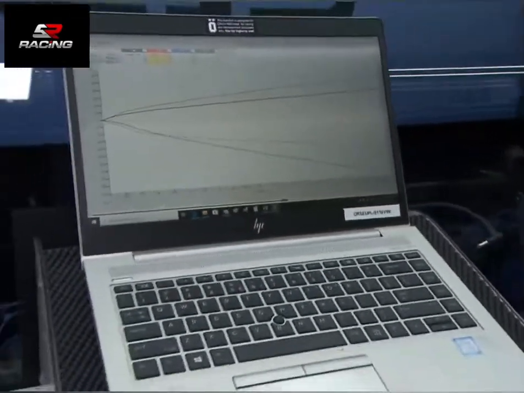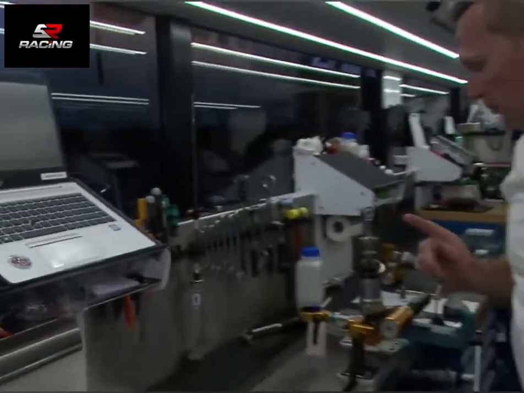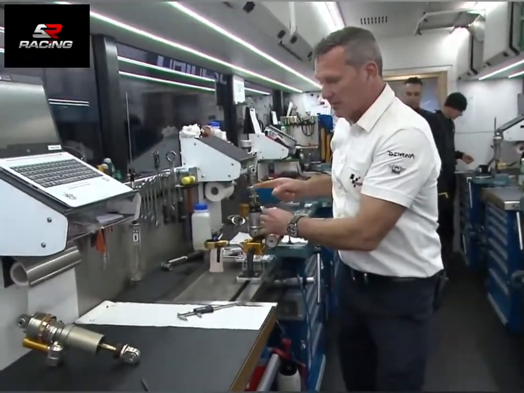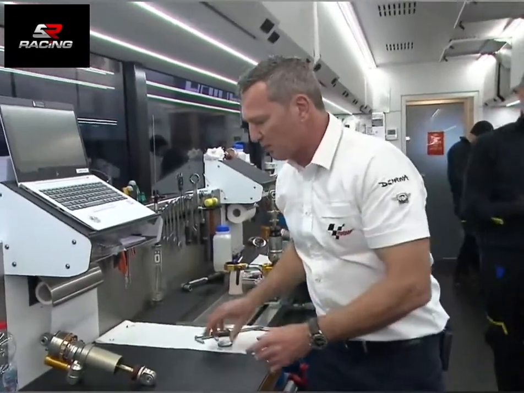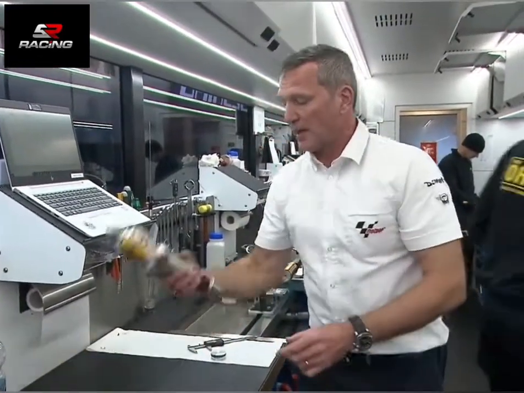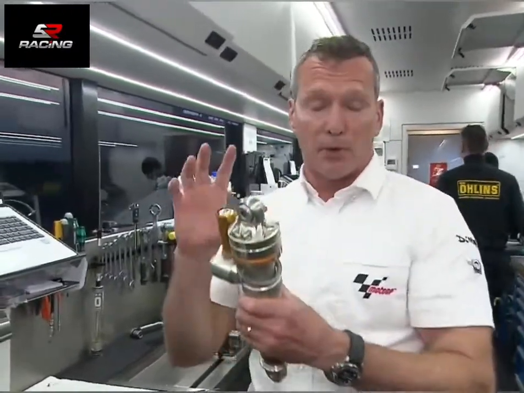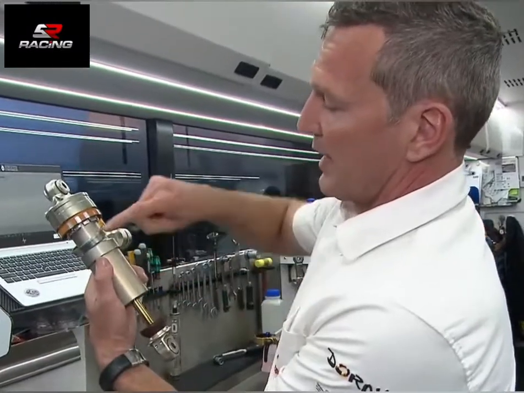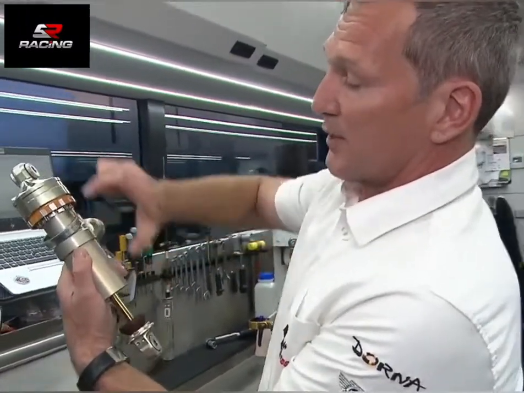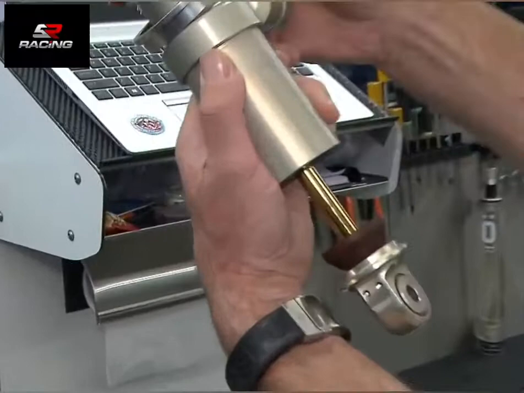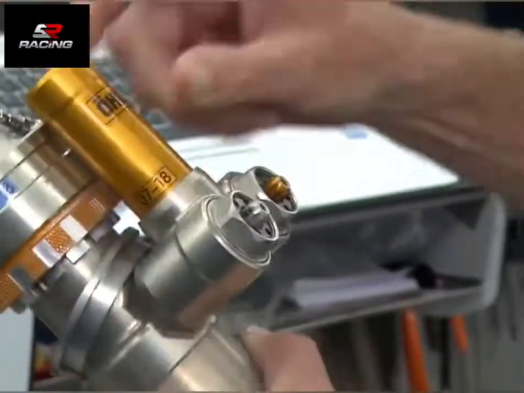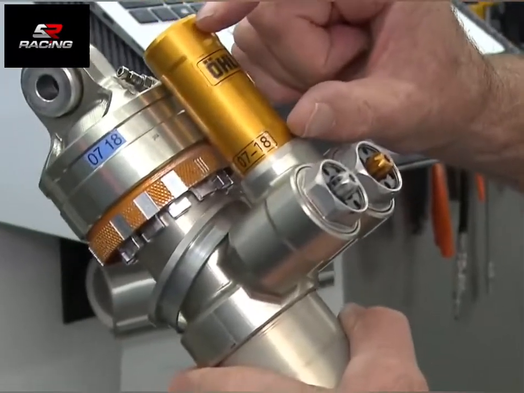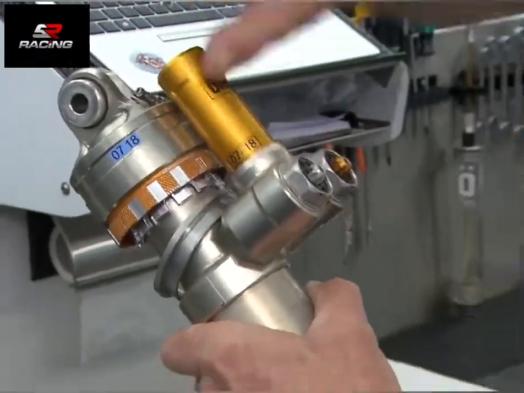So earlier I mentioned how this piston is displaced by a shaft, and that is one model of shock, but many of the MotoGP teams run this new shock, where the shaft actually goes through and out the other side into air, so it's right through, and it doesn't displace any extra oil, which is why it only has a little tank on there, which is solely for keeping the oil under pressure with a little bit of gas.